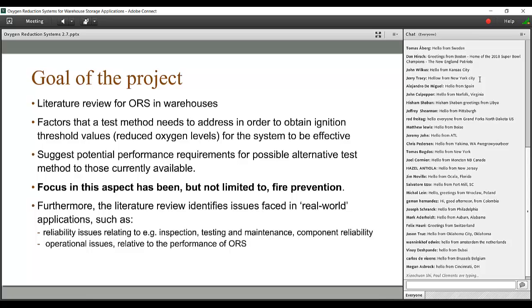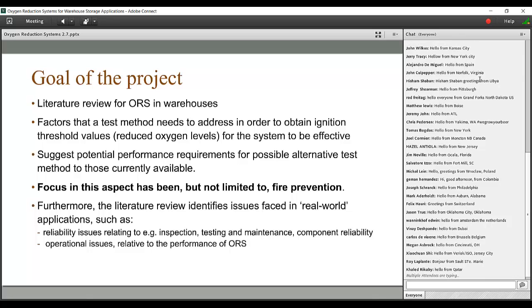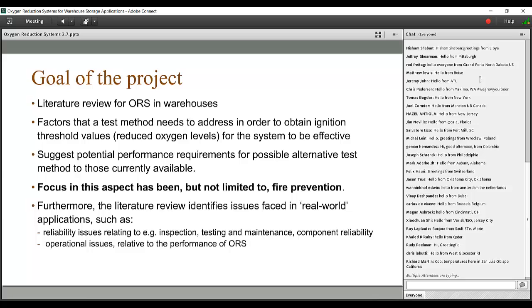And it's mainly to look into the factors that the test method, which is used for these systems, needs to address in order to obtain the correct emission threshold values at reduced oxygen levels. And that's necessary to have a system which is effective. And also a goal was to suggest potential performance requirements for other alternative tests which are currently available for standard fire testing, if some of them could be applied also.